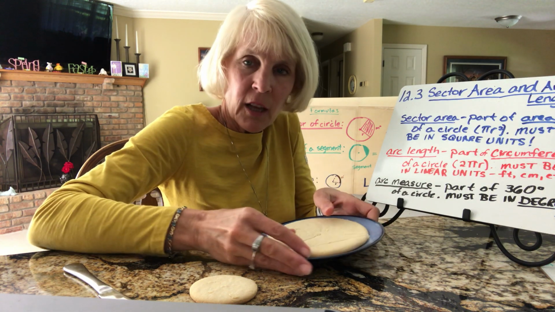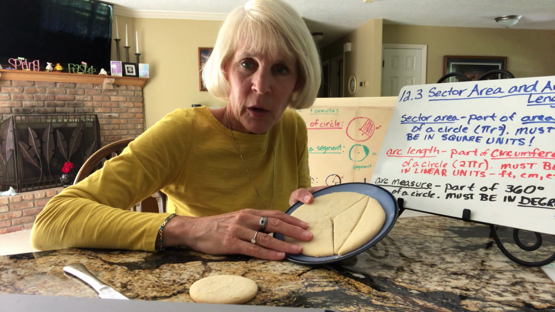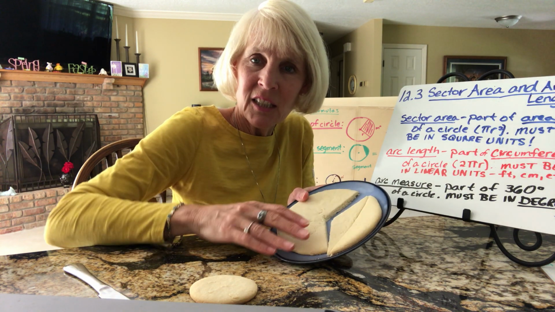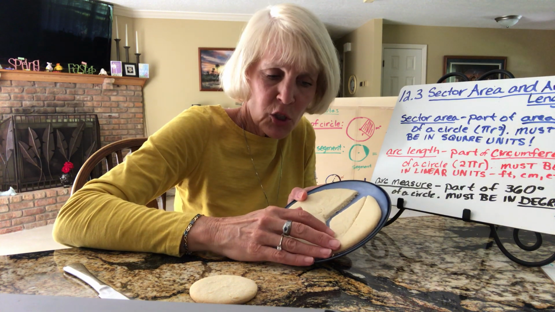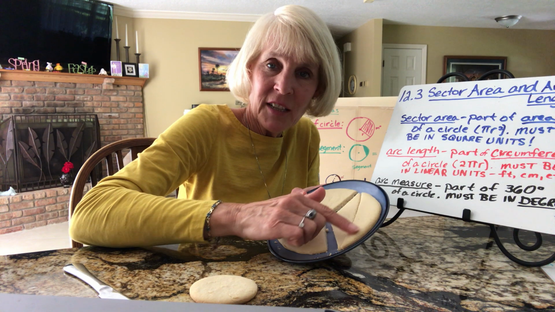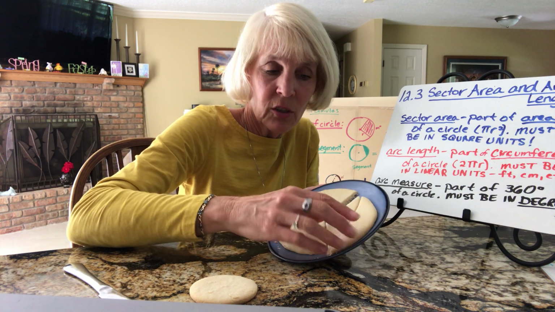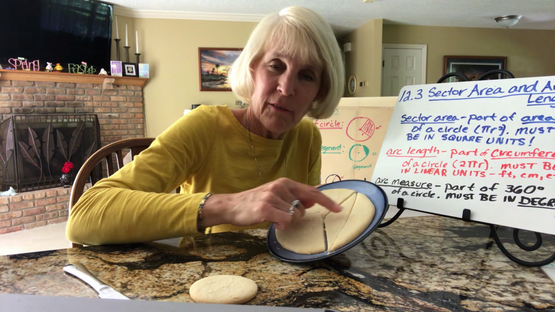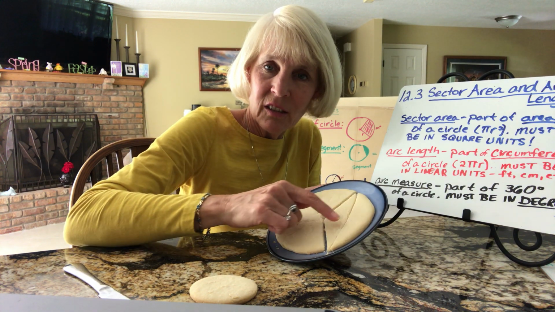Now, if you take a look at this, you can kind of look at where we're going to go from here. So I know this whole thing together is a sector of the circle, or of the cookie, and this would be a segment of that circle. So basically, what 2 things would have to be put together to find the sector?